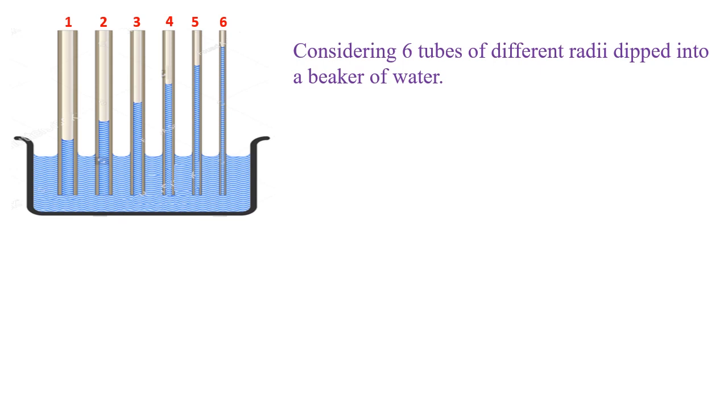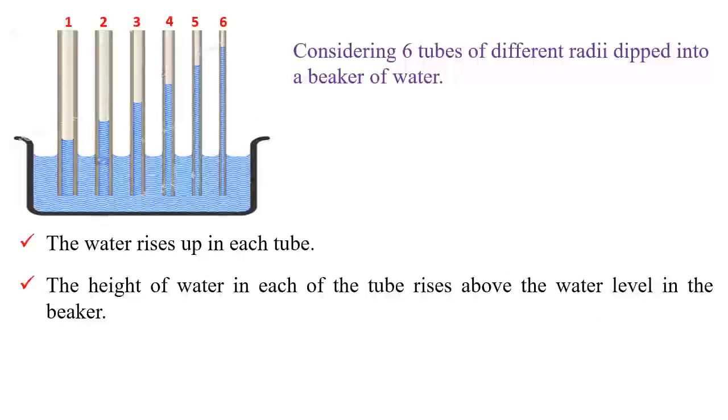Now, from the picture, it is evident that the water level in each of the capillary tubes rises above the water level in the container. And as you can see, the height of water is highest in capillary tube 6, which has the least radius.